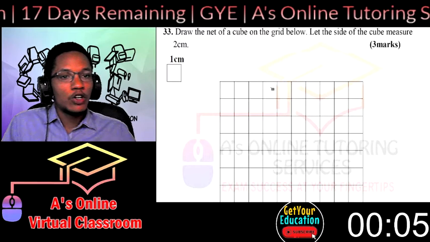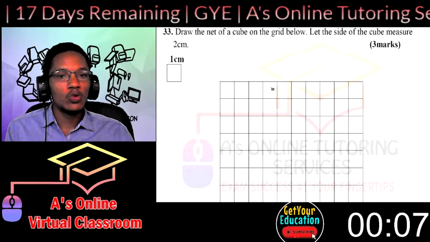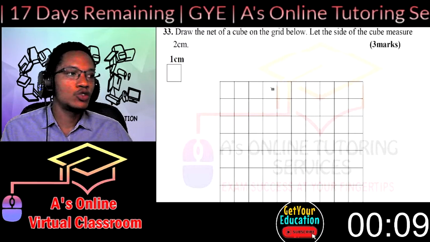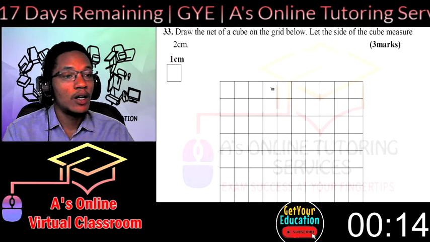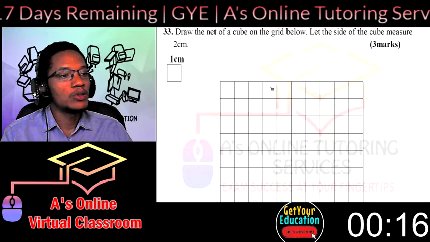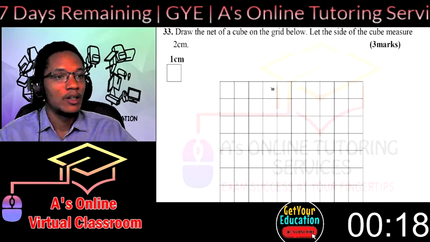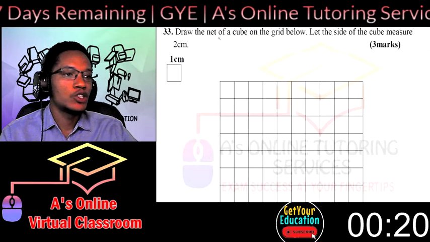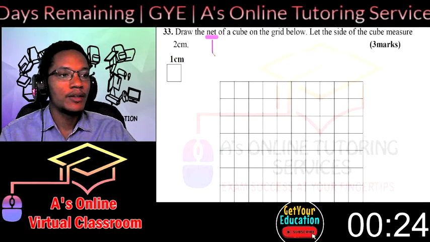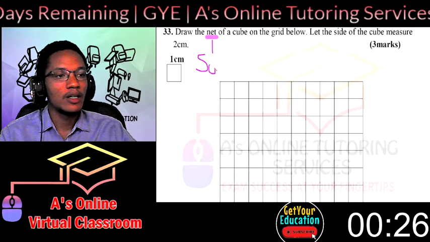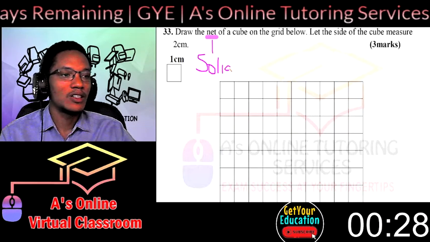Draw the net of a cube on the grid below. Let the side of the cube measure 2 centimeters. Alright, so we have a couple things to consider here. When they mention the word net, immediately in your mind, we are supposed to be thinking about solid.